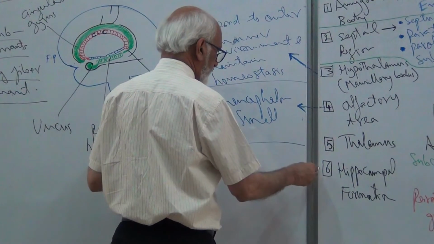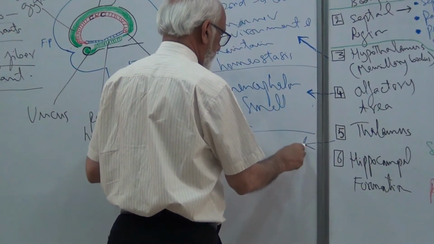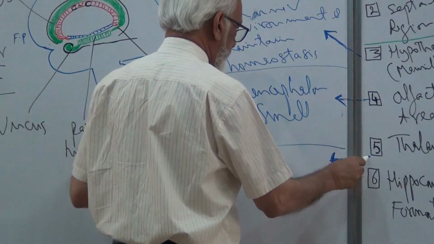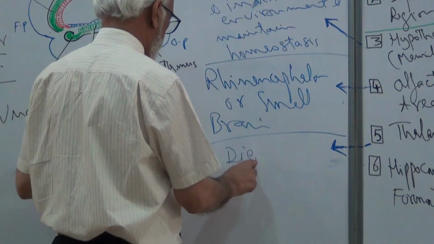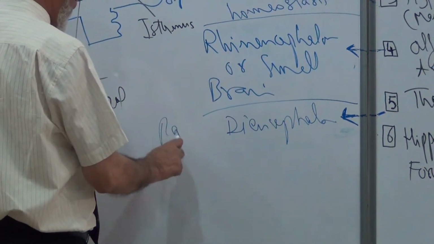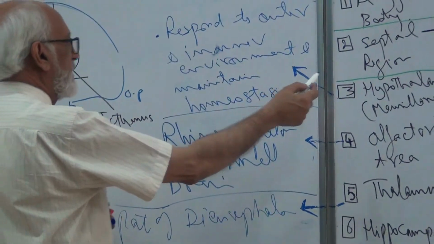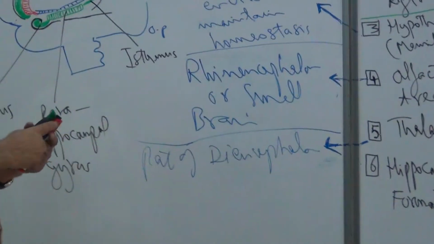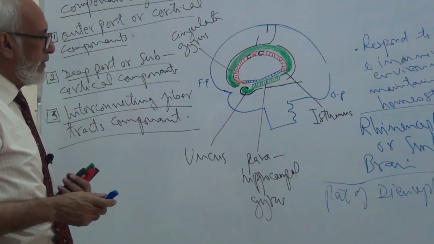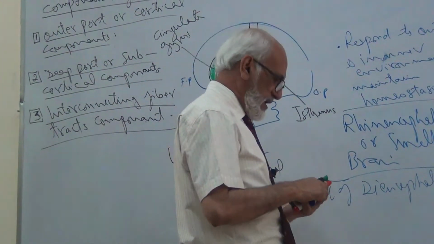Then next is the hippocampal formation. Next is the thalamus. So the thalamus, just like the hypothalamus, is part of the diencephalon. But because of its reciprocal connections with the limbic system, it also performs its function as a component of the limbic system.